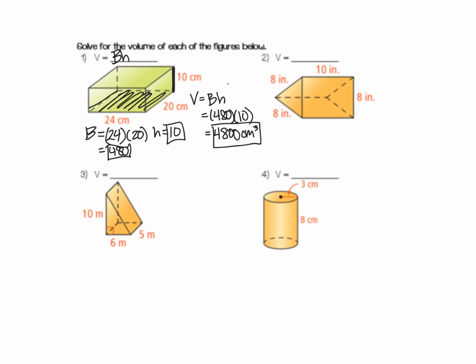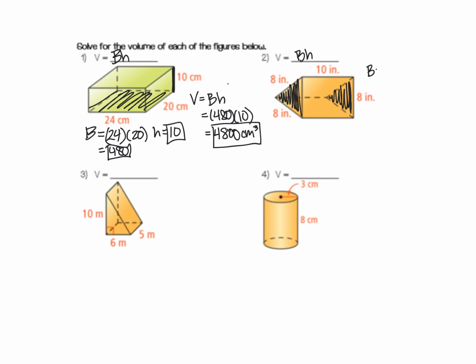For question number 2, the prism is oriented a little bit differently. It's not lying on one of the bases. Remember, for a prism, the two bases are parallel, and the faces are made up of rectangles. So that means here your base is the triangle. The formula is volume equals area of the base times the height.